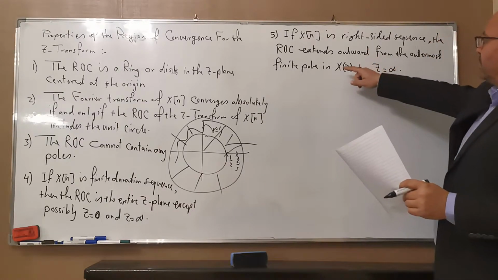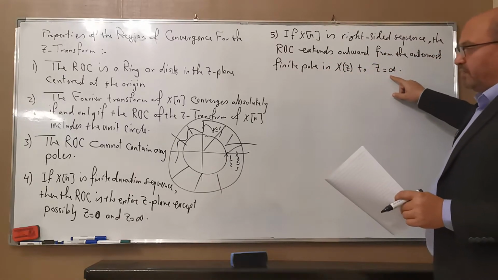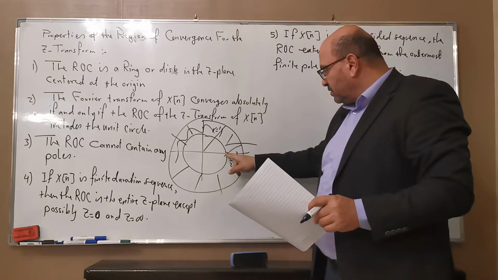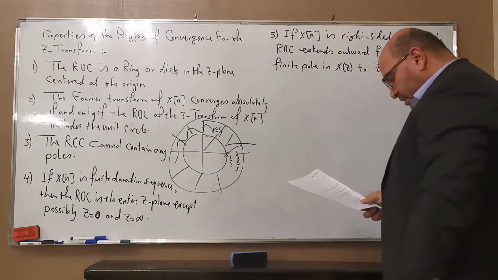So it's from the outermost finite pole to infinity. This is the ROC, the ring that goes from the outermost at 1/2 and goes to infinity if you have only one pole in the x of z.